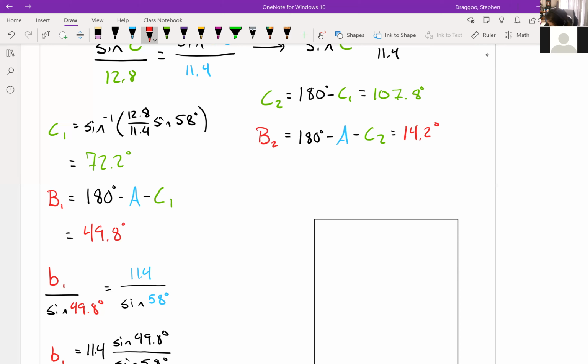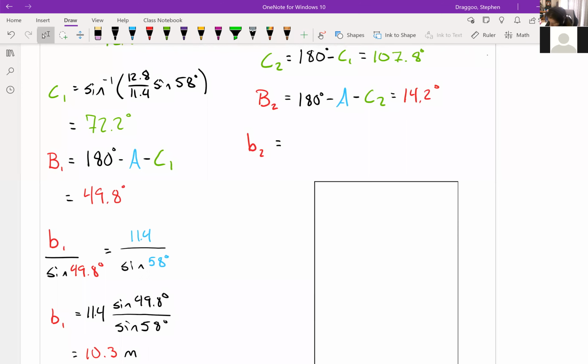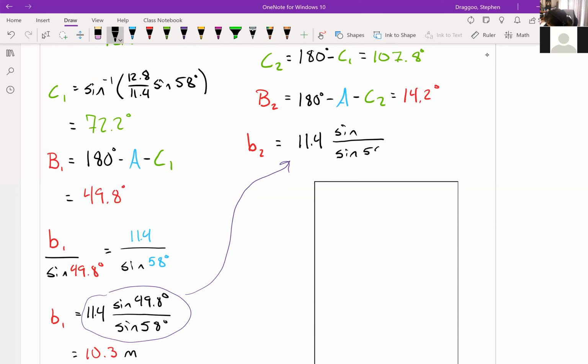And then we'll solve for side B2, where I'm going to take this piece and paste it back up here. 11.4 times the sine of something divided by the sine of 58 degrees. All of that is related to A, so it doesn't change.